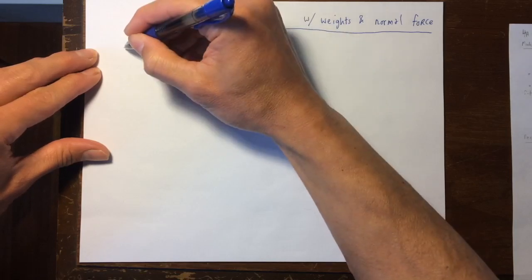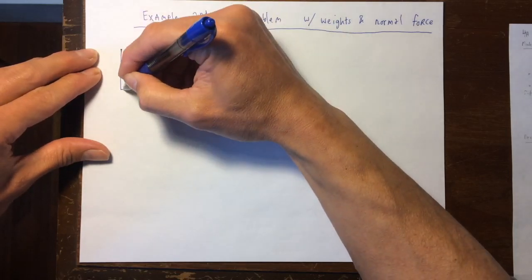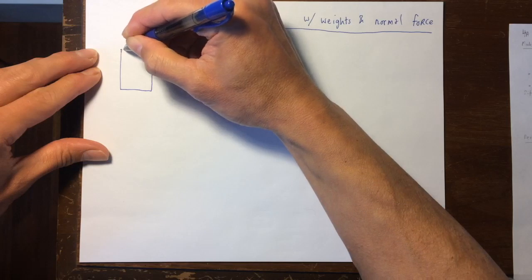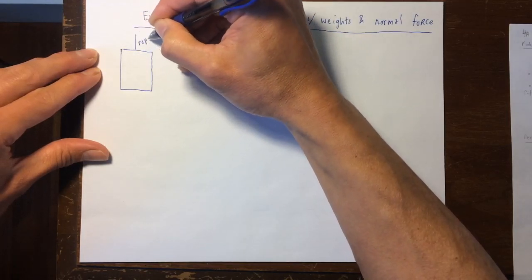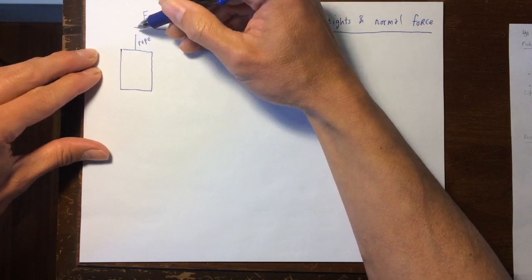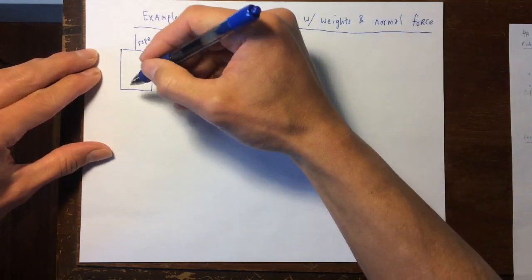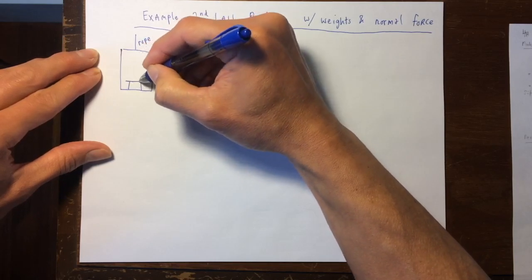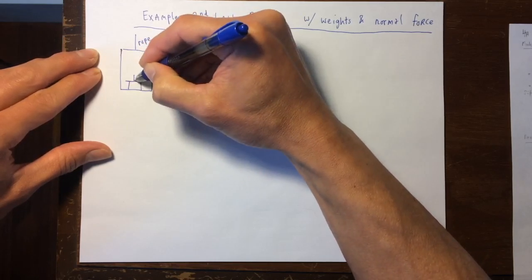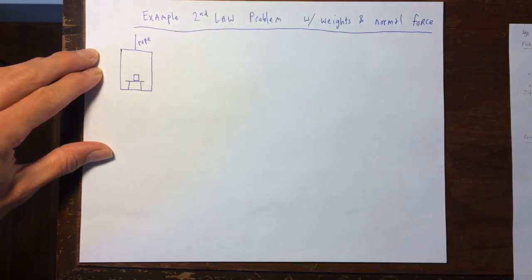So it's a problem of having an elevator that is accelerating upwards because a rope is pulling up on the elevator. And inside of the elevator is a table. And on top of the table is a box.